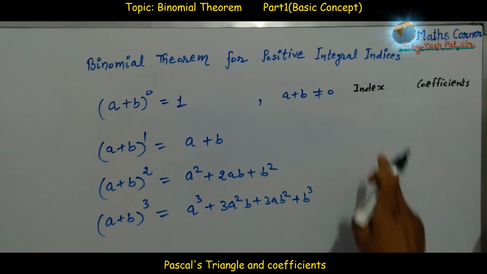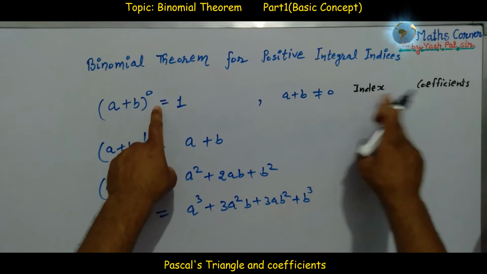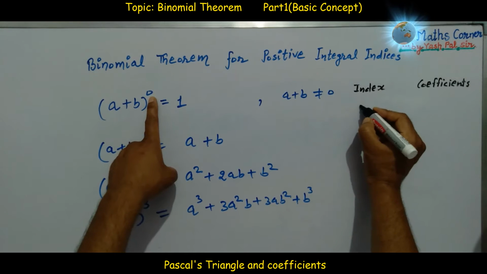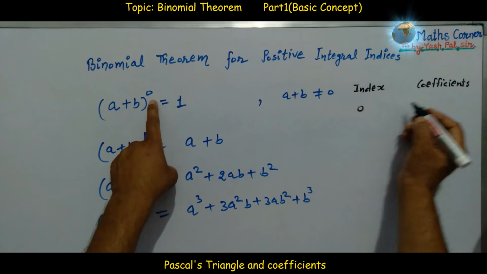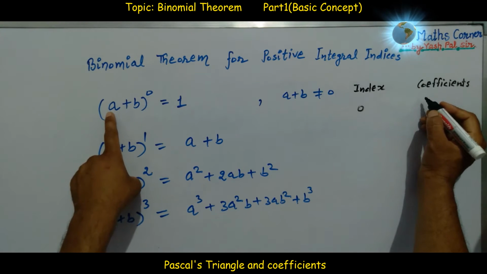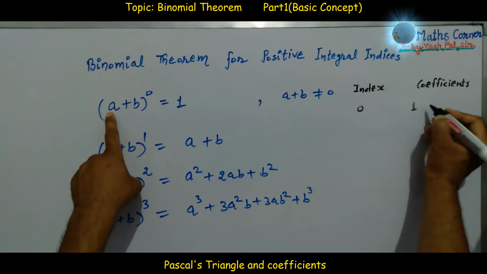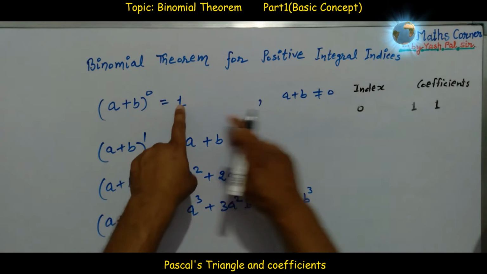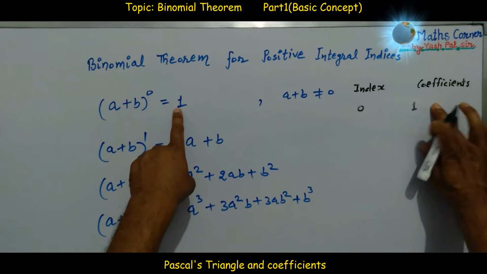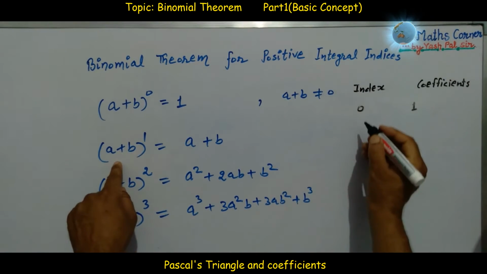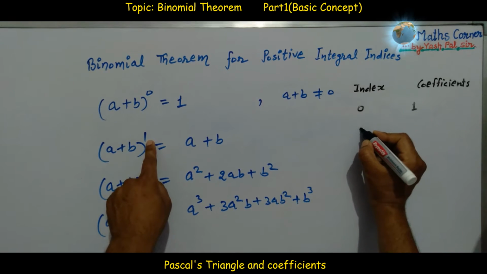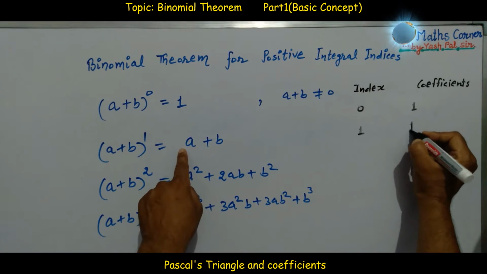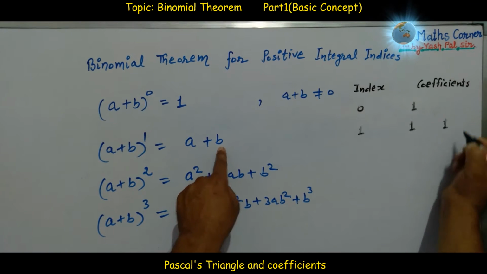Now let us see what the index is and what the coefficients are. When the index is 0, power is 0, then what are the coefficients? Only one term is there in the answer, with coefficient 1. If the index is 1, then the coefficient of a is 1 and the coefficient of b is also 1.